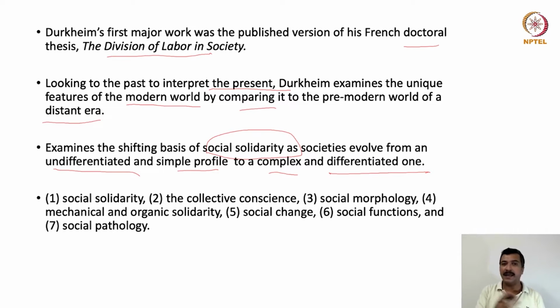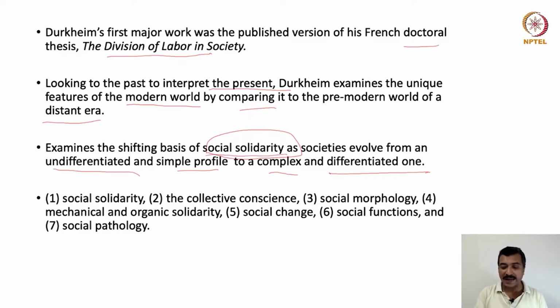They call the previous form primitive and the present society modern. Durkheim also has a similar kind of schema about social change, but he brings in a very significant concept, and this concept is what we understand as social solidarity.